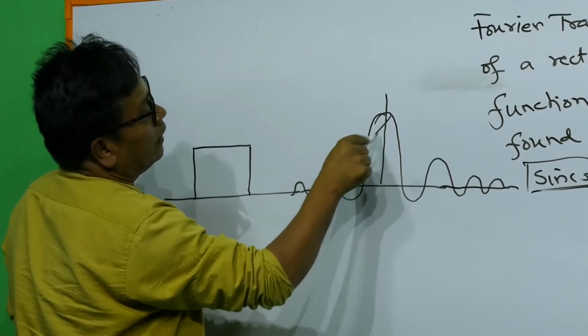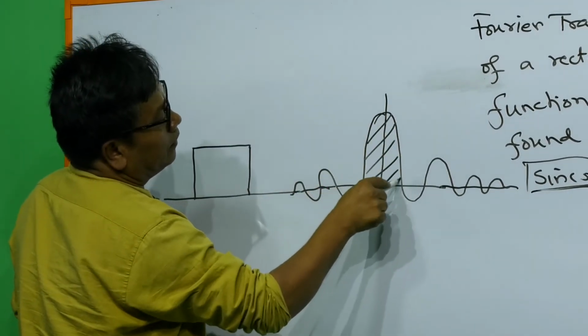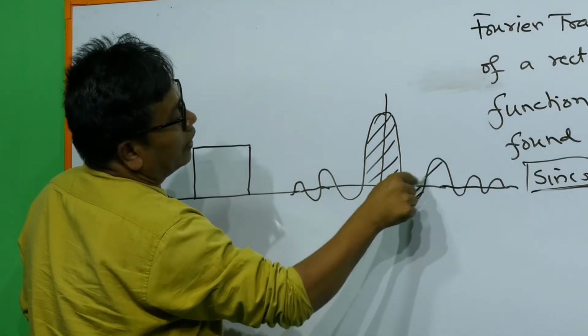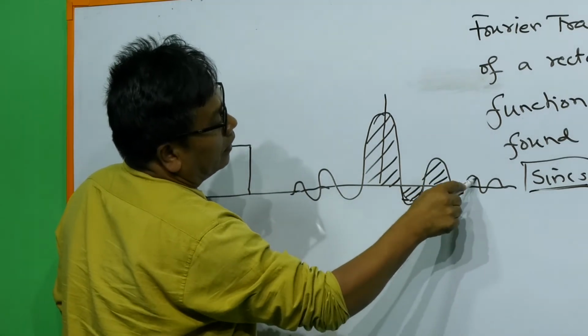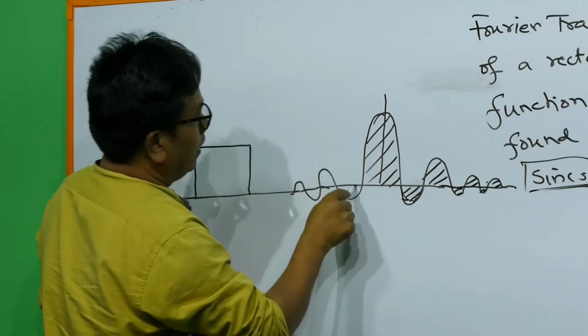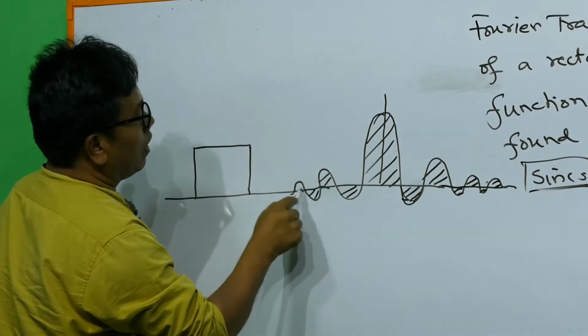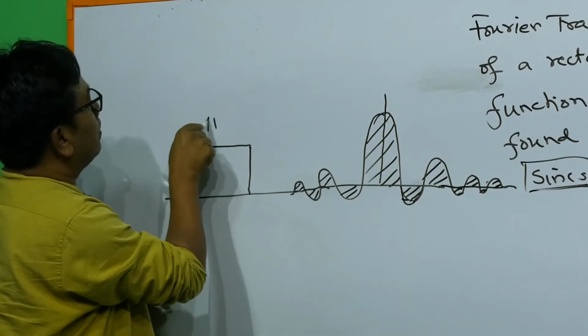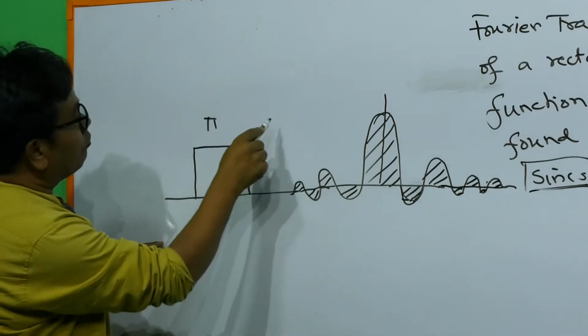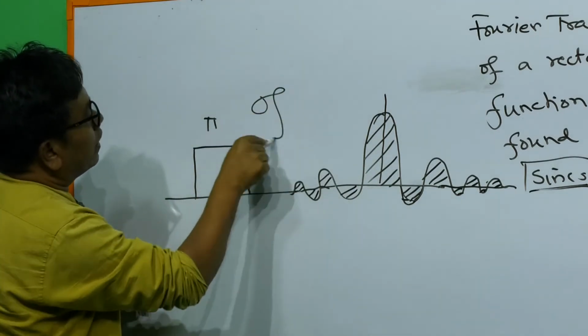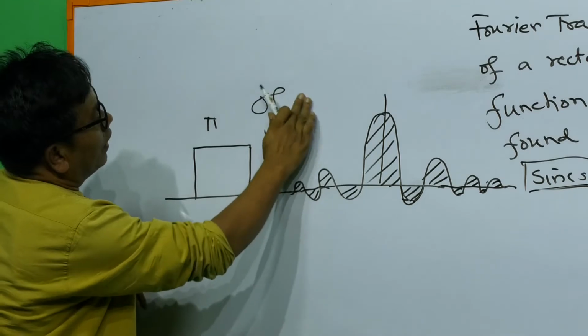Like this. This is the sinc function, positive as well as negative. And this is the transformation of the rect function to the sinc function by Fourier transform. This is the Fourier transform of pi of S.